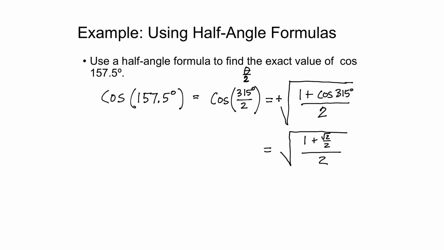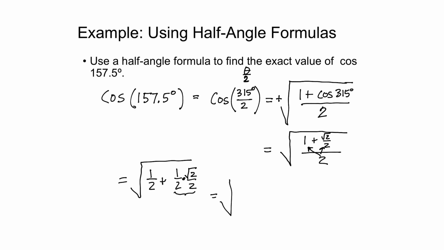Or you could rewrite this as, I'll give myself some room here, square root of 1/2 plus 1/2 times root 2 over 2. Just taking that 2 to both parts here, dividing by 2 is the same as multiplying by 1/2. And so let's rewrite that again, simplify, go ahead and multiply these together.